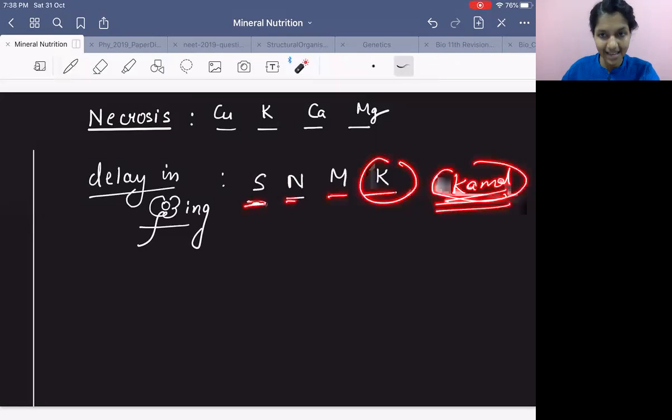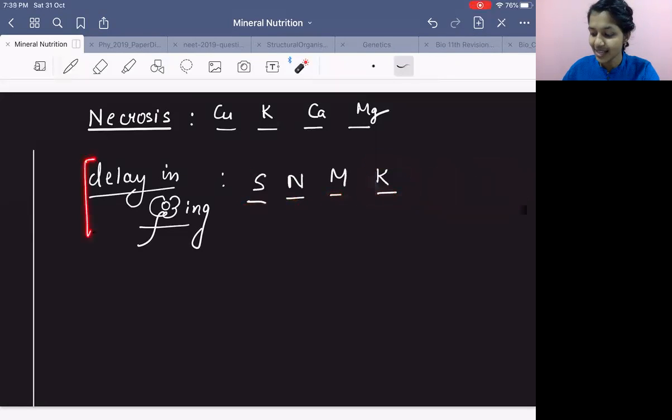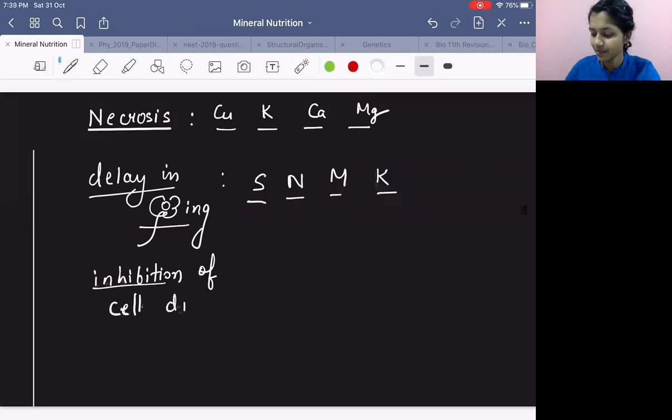If flower is there, then you will say delay in flowering. Then one more is there, which is inhibition of cell division. Just check whether I am writing it correctly. In this also you will have Sri Narendra Modi.